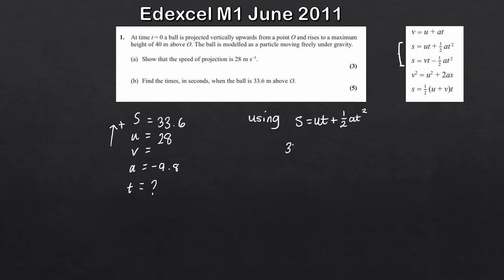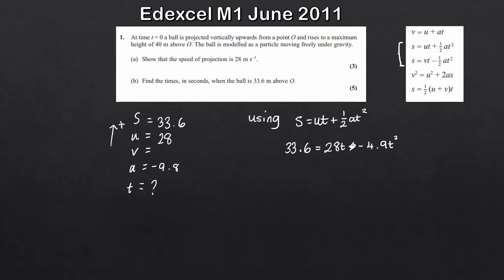So 33.6 is equal to UT, so that's 28T, plus a half of AT squared, so minus 9.8 times T squared. So basically I'm doing minus 9.8 divided by 2, times T squared. In other words, this won't be a plus, it will be minus 4.9 T squared.